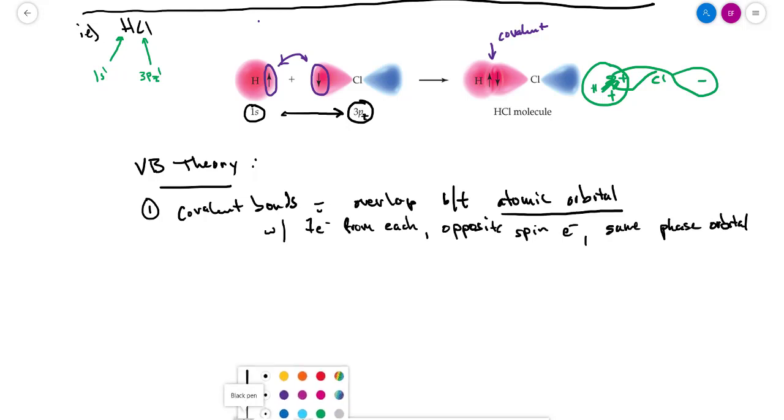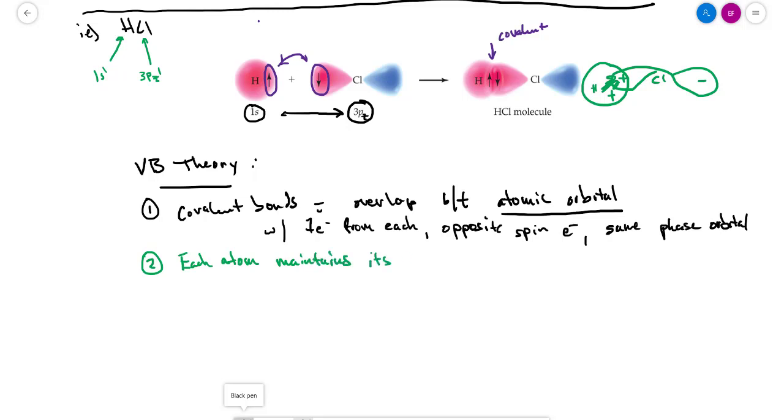Something that may not seem that important, but really is, especially when we start to contrast this to other bonding theories, is that each atom maintains its own atomic orbital. In other words, the atomic orbitals on those individual atoms overlap in space, but they don't change or distort in any way.